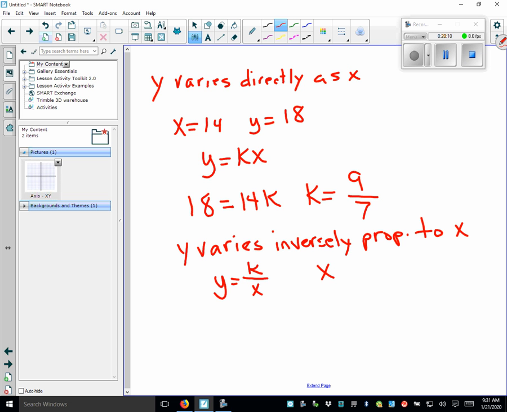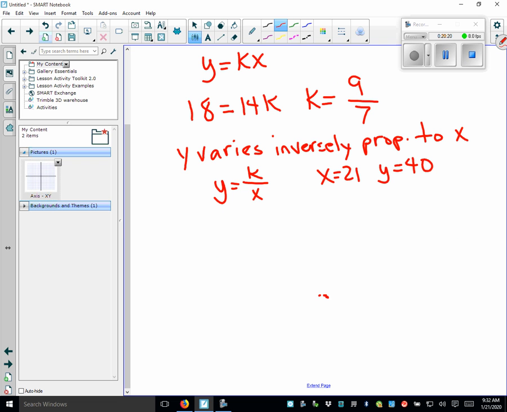So X is 21 and Y is 40. How do I write it? 40 equals k over 21. What is k? 840.